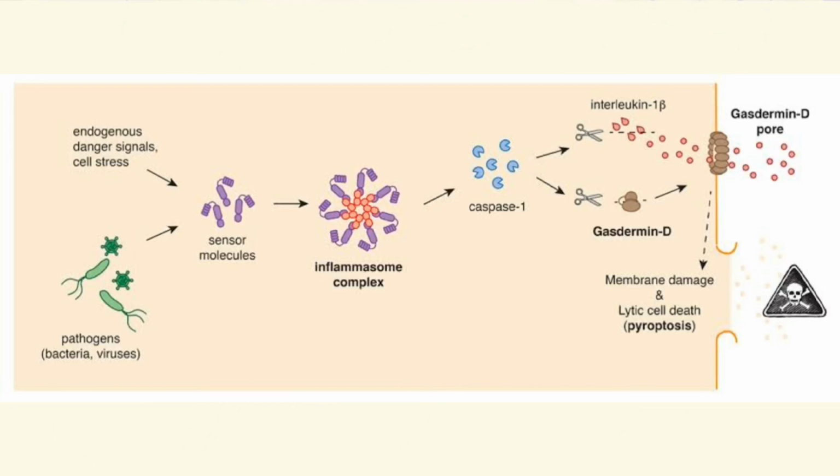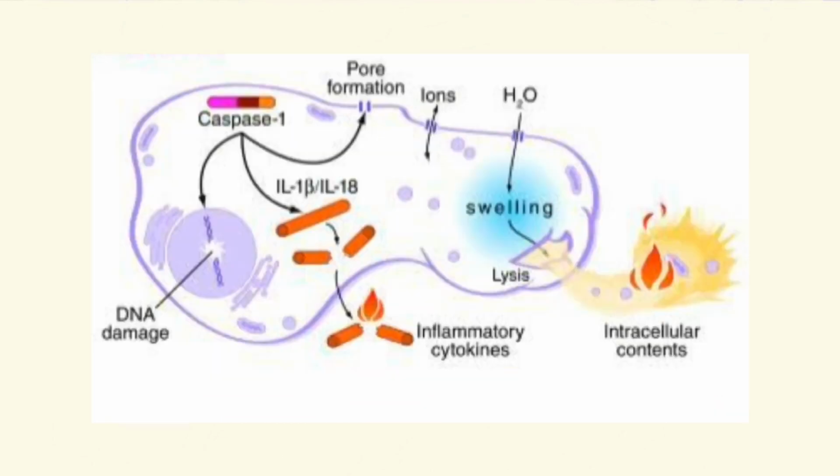GSDMD is the protein required to damage the membrane in pyroptosis. Cells that undergo pyroptosis display morphological characteristics such as cell swelling, membrane blebbing, DNA fragmentation, and eventual cell lysis. The nucleus, however, remains intact.